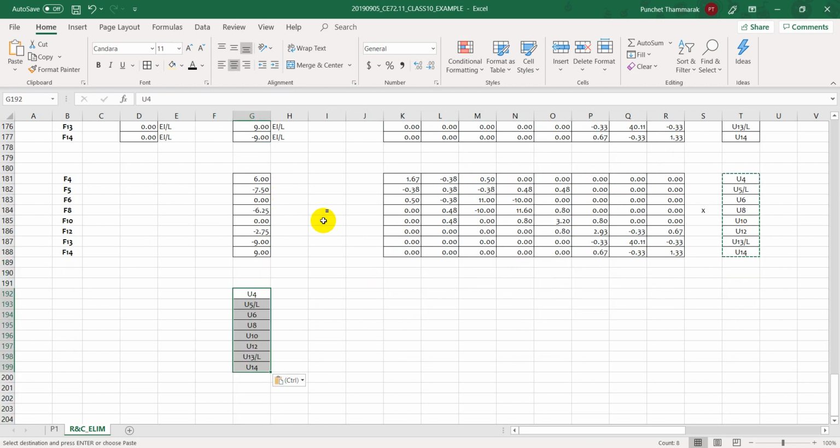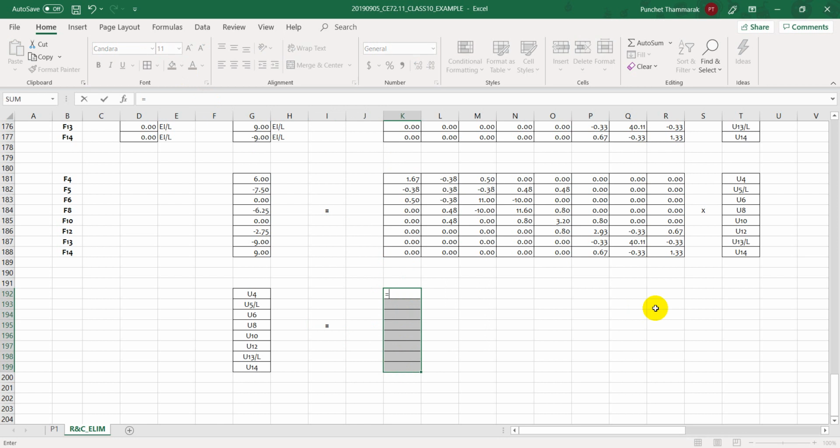So finally we will solve over here. This is equal to MMULT, matrix multiplication of M inverse. We need to inverse this matrix, and then we multiply to these forces. You get this.